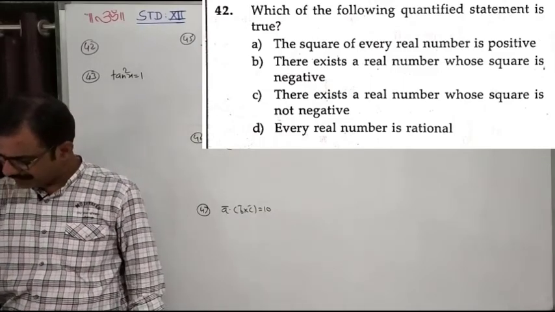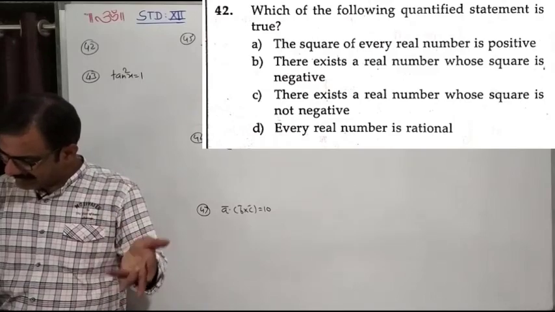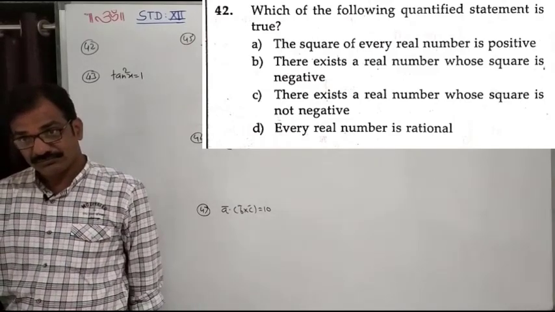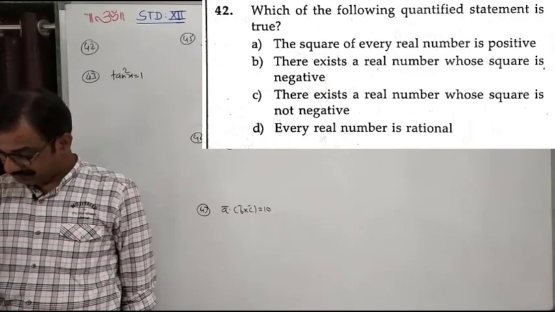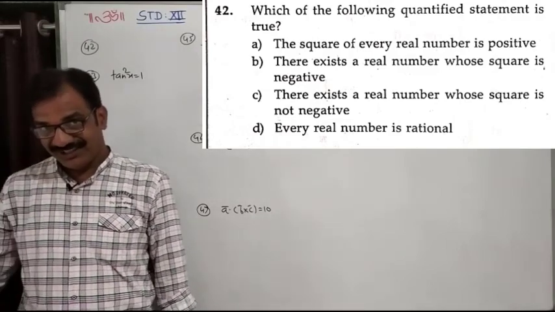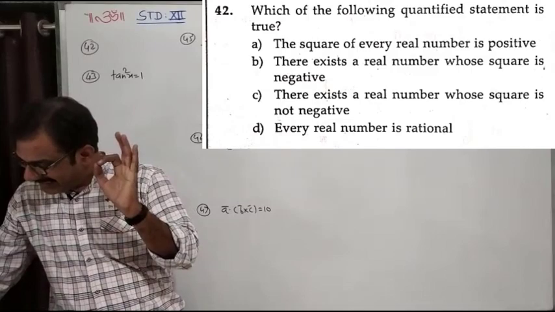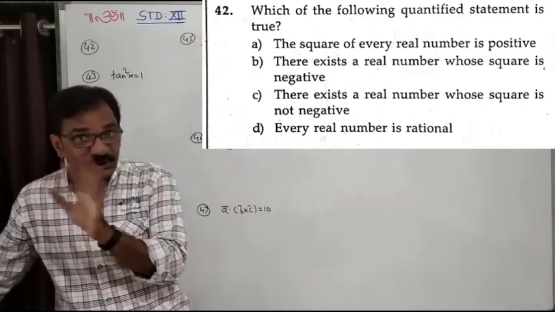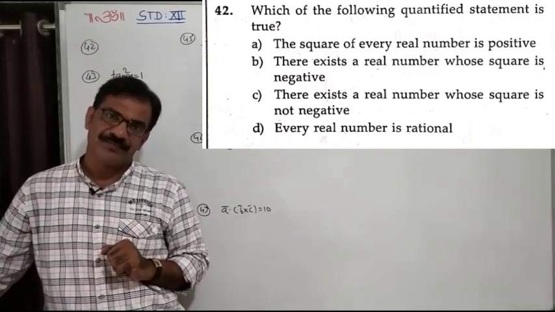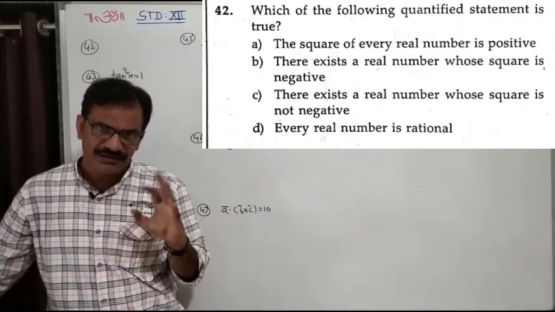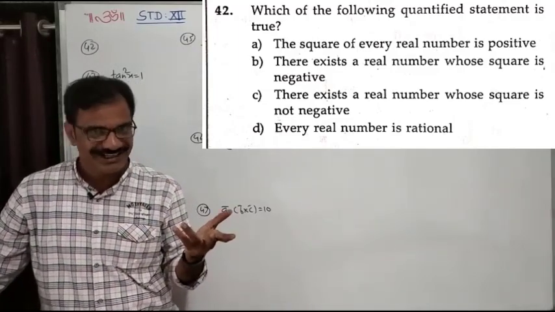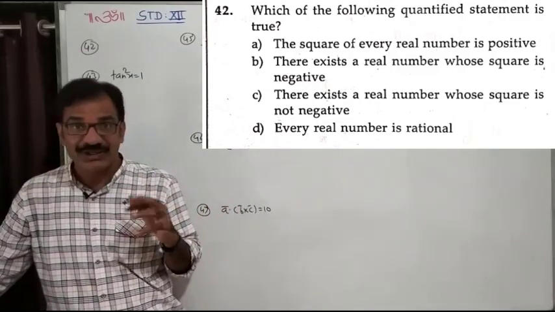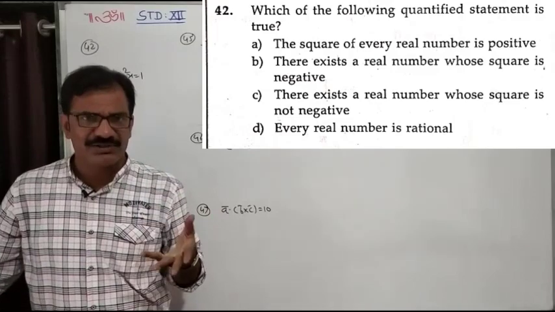There is no such number. There exists a real number whose square is not negative. Yeah, 0 square is 0. It is not negative.